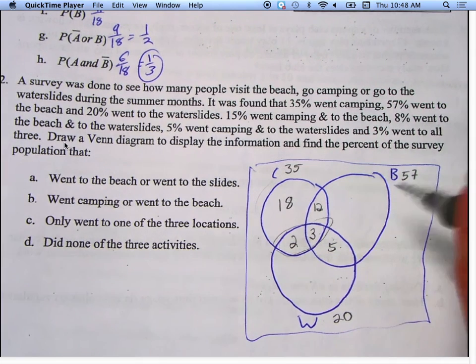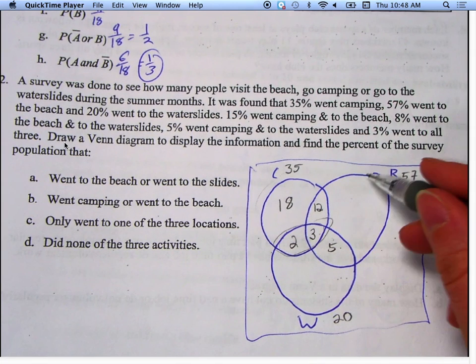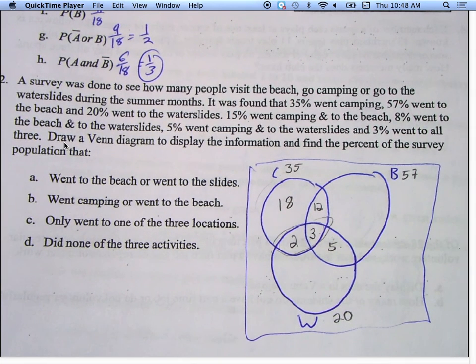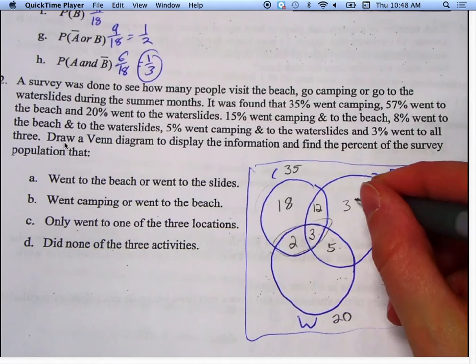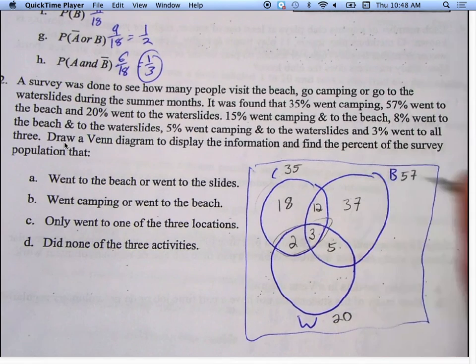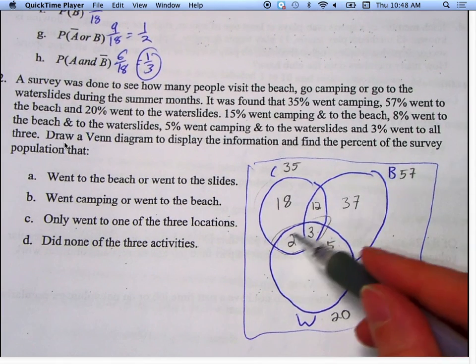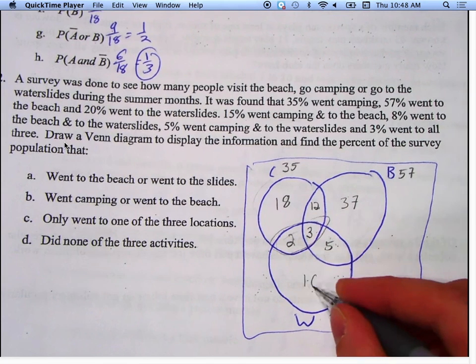Now this is 57, so 57 minus the 12 minus the 3 minus the 5, I get 37 right now. This is 20, but this adds up to 10, so this is 10.